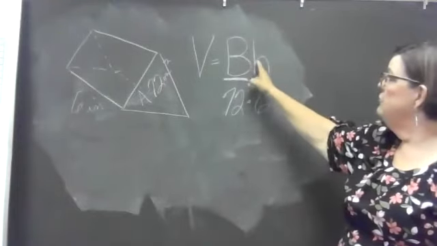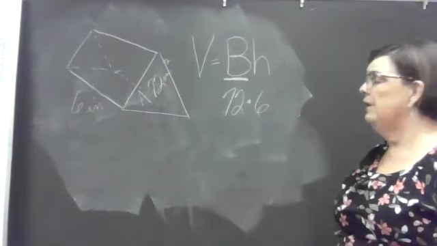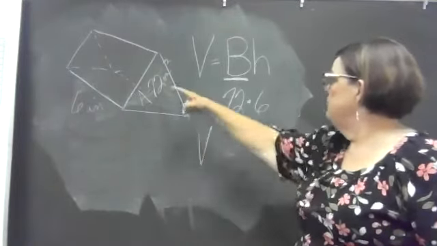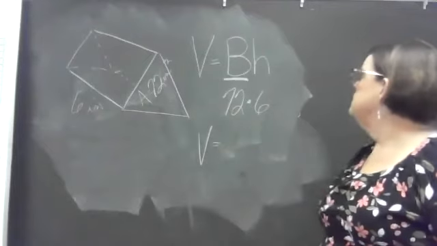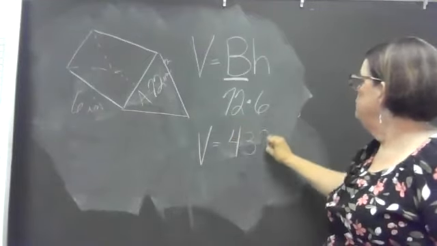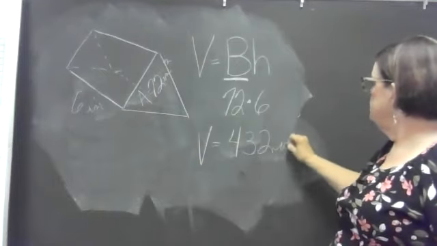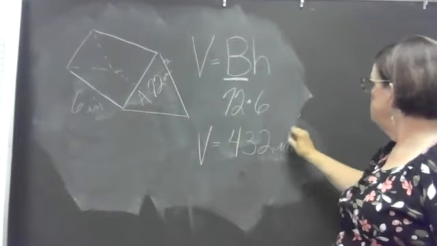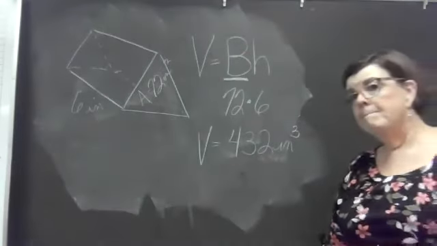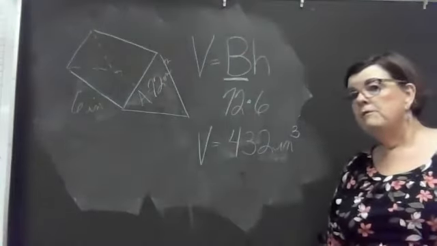Remember that if you have two things crammed together, it's multiply. And so we simply multiply this. So the volume of this triangular prism is going to be, I think, 432 inches cubed, because now we're finding volume. Is everything okay?